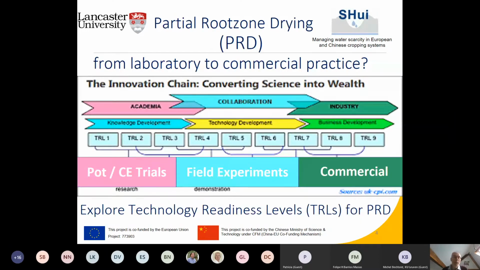So the topic, as I've indicated, is partial root zone drying. And what I want to do is consider how this particular technique has evolved from both scientific but also commercial purposes. Now, the European Union that sponsors the SHui project has this sort of linear gradient of technology development.